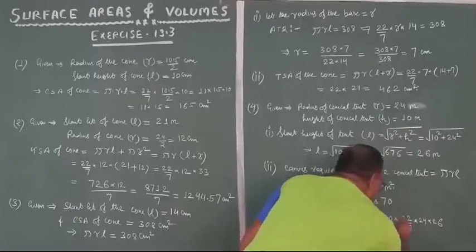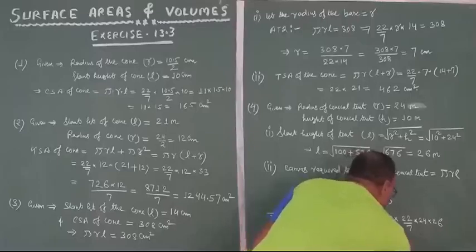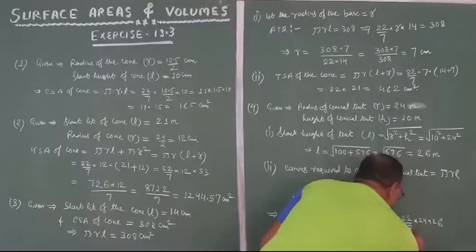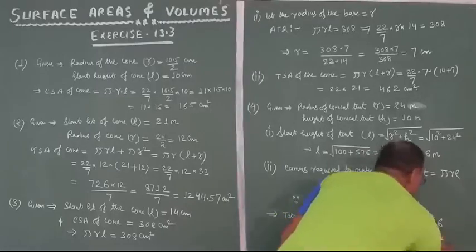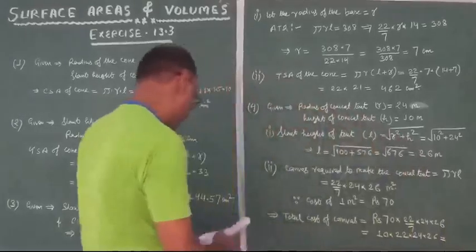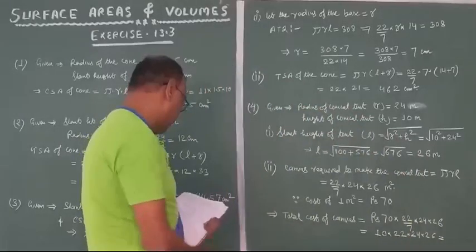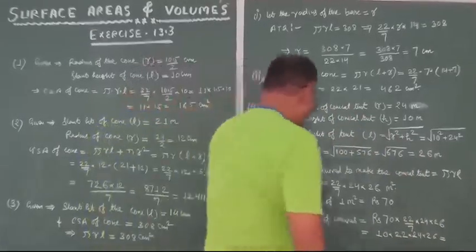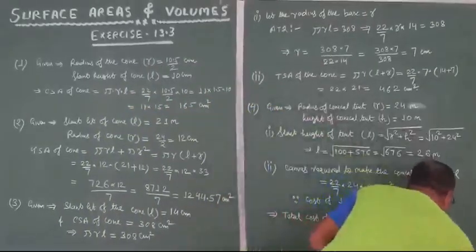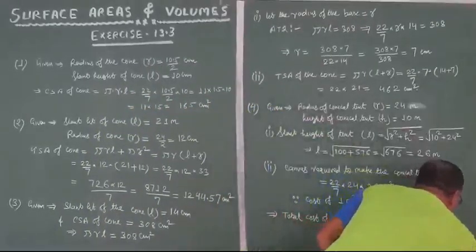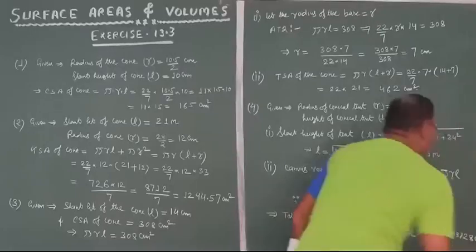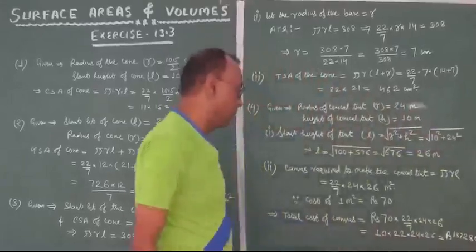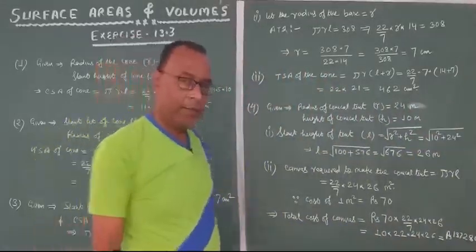Now just here 7 10 into 22 into 24 into 26. Just multiply them. You will get 137,280. This one rupees 137,280.